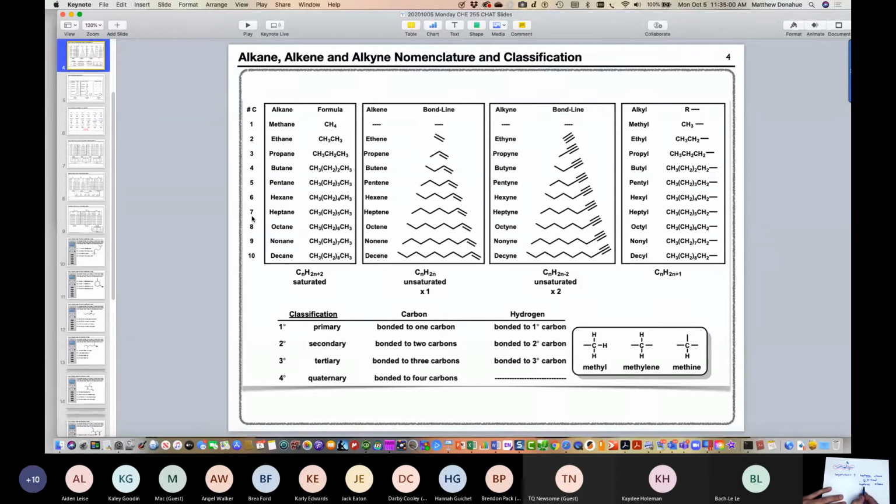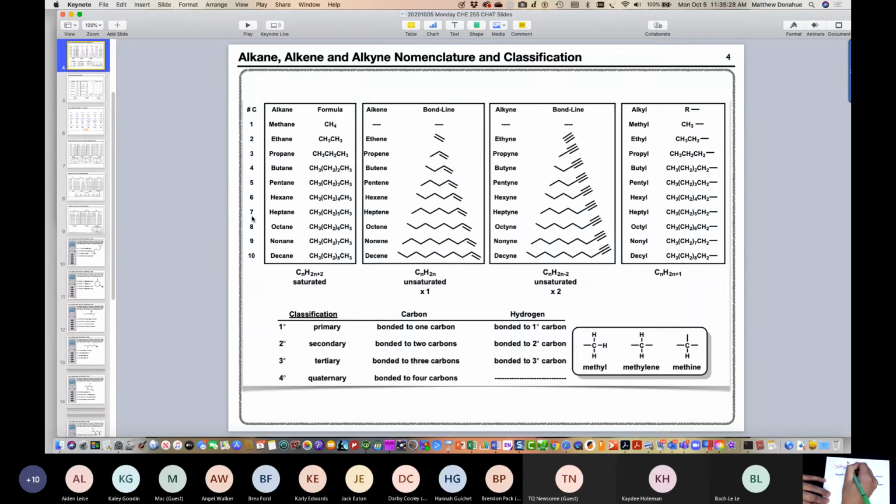So what do you think that number should be that indicates the start of the pi bond? So a couple of responses say 3. So 3-heptene. The 3 tells you the start of the pi bond.